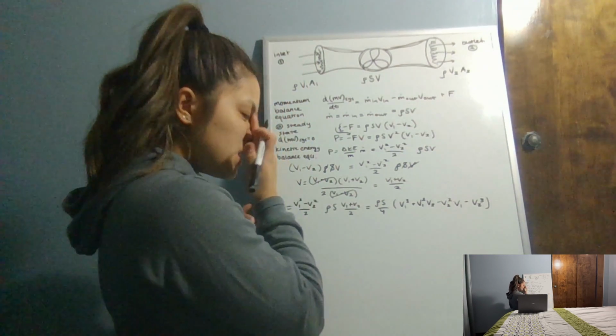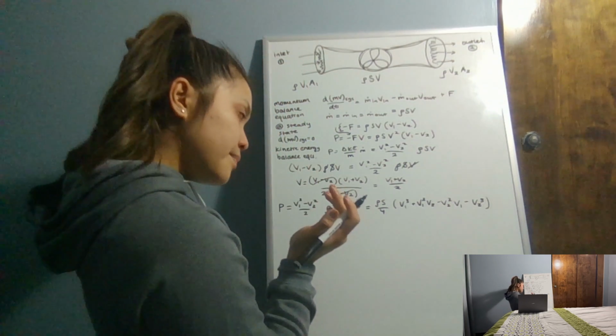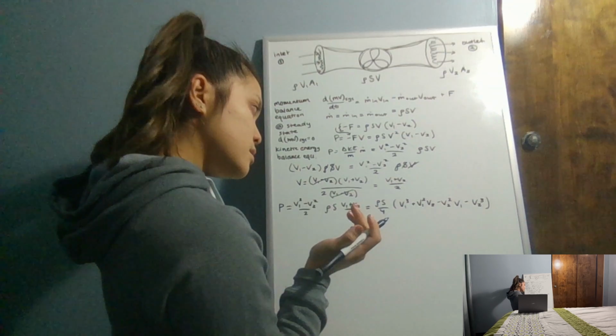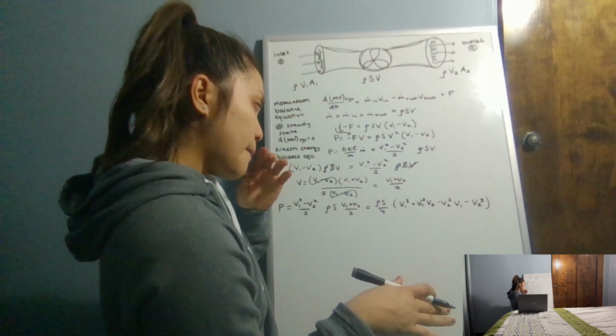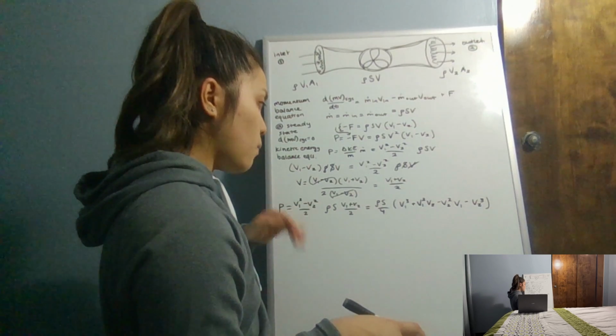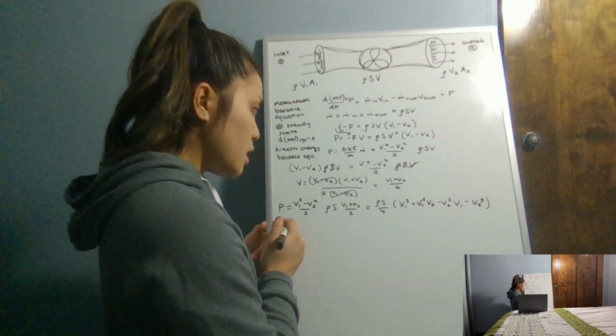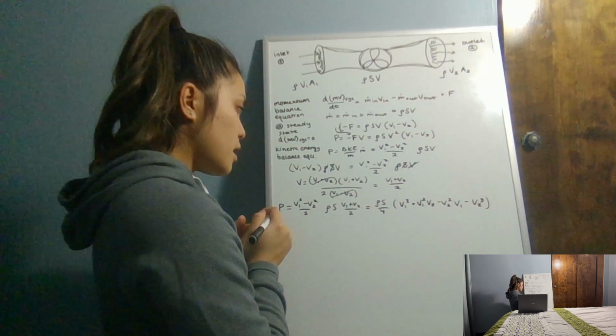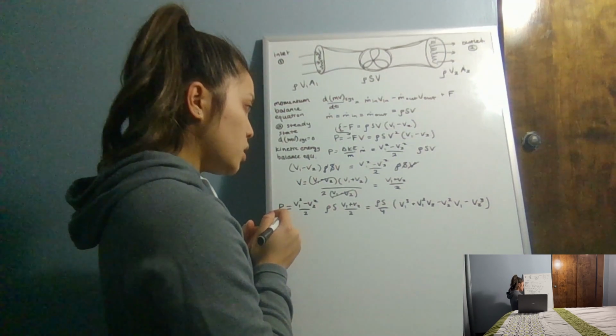And so now what we can do is we can divide across by velocity 1 cubed.